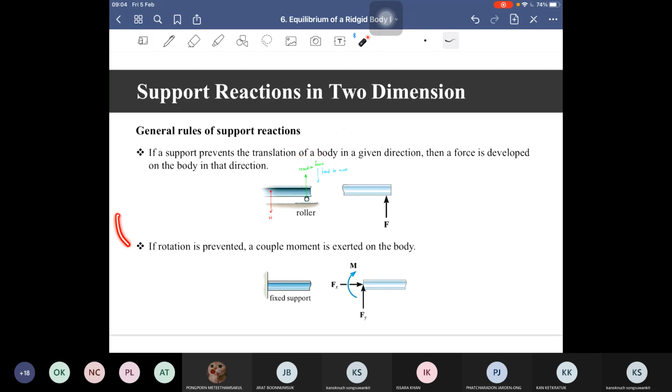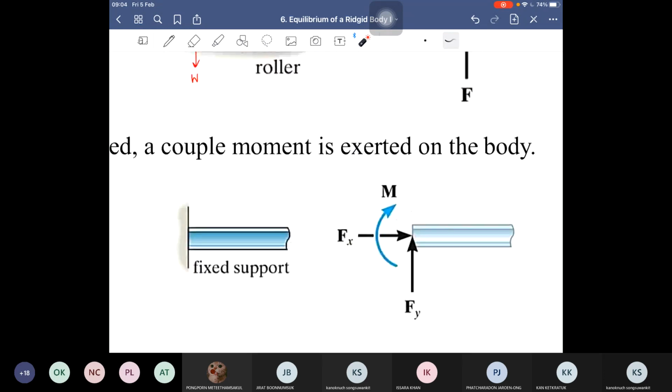For rotation, if rotation is prevented, a couple moment is exerted on the body. For example, this fixed support. Again, this beam must have a weight, right? And this weight acts at the centroid, or the center of this body. And if you see the distance between the rotation point and the point of the force, it has one dimension d. That will cause a moment from this force, Mw.